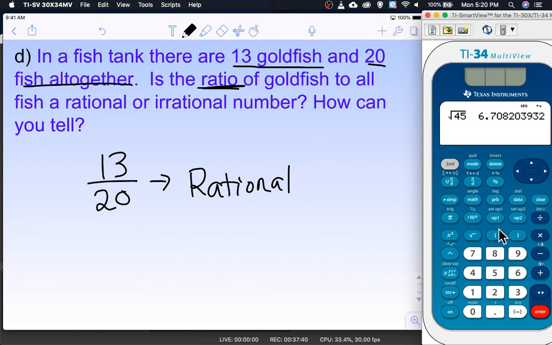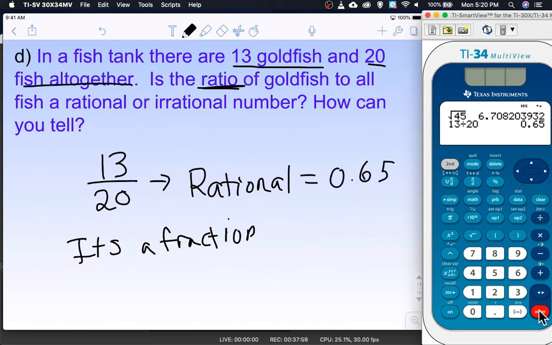It is a rational number. And how can you tell? Well, it's a fraction. If I take 13 divided by 20, I'm actually going to get a terminating decimal too. That's equal to 0.65, which is a terminating decimal. That's a rational number.